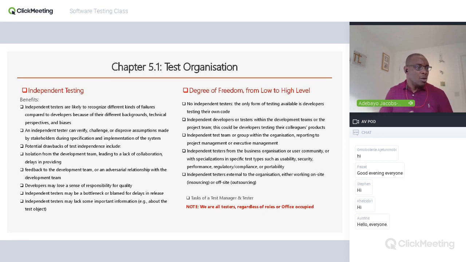Now, some people use developers to test. Some people have testing done by one person who is not involved in the development. Some other organizations use a team. Some other organizations use several teams of testers. Now, there are similarities and differences in how these people would work. For example, an independent tester is on his own.